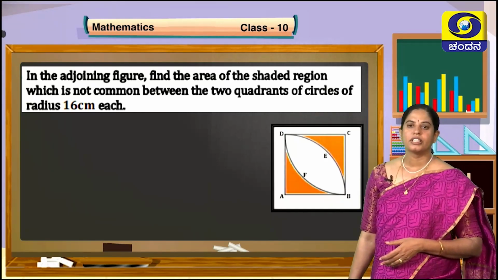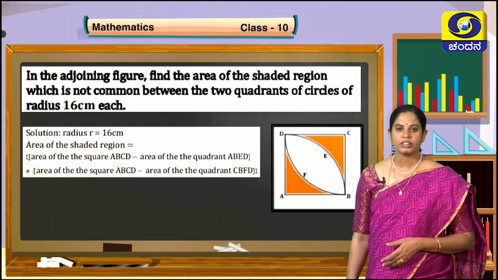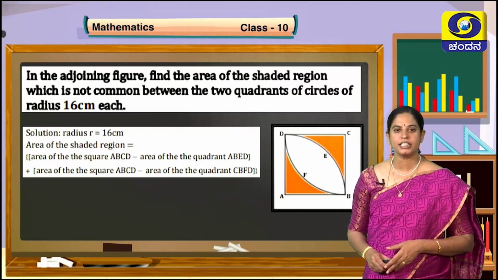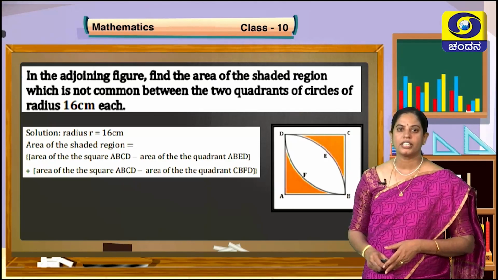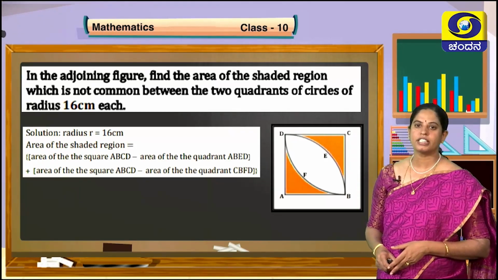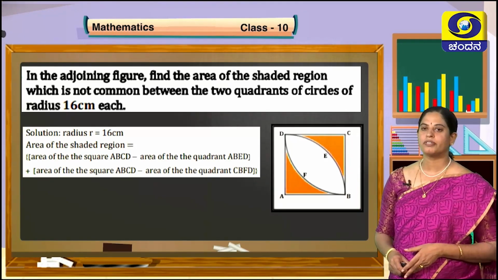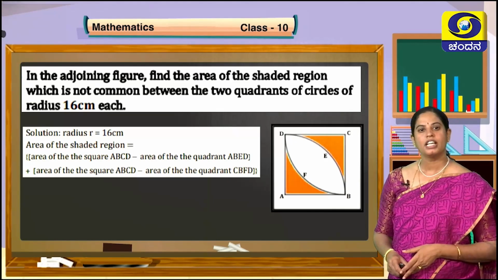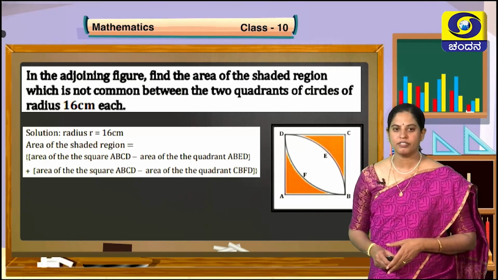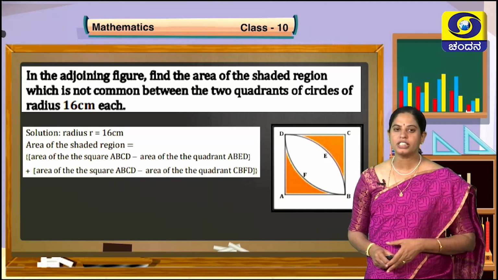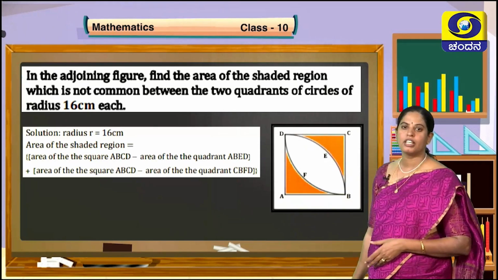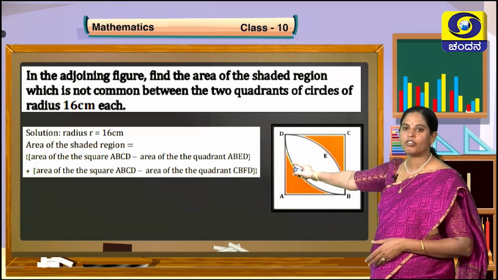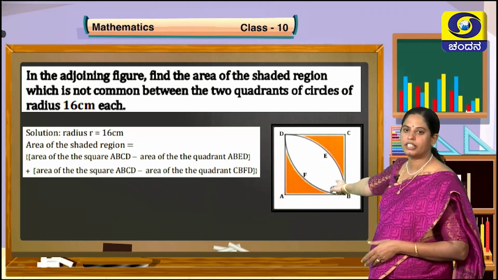Okay. Observe the solution. Here the radius is 16 centimeter, it is given already. Area of the shaded region is area of the square ABCD minus area of the quadrant ABED.